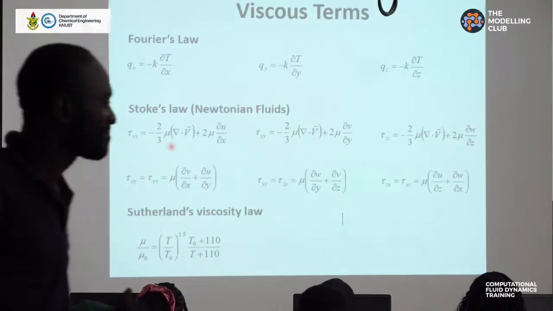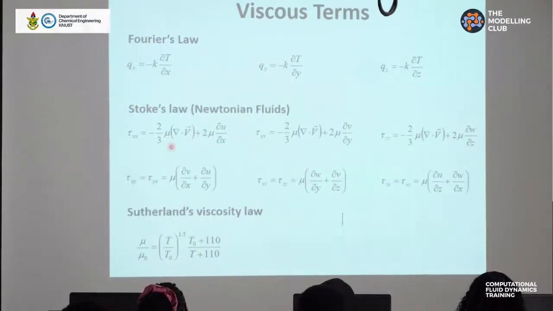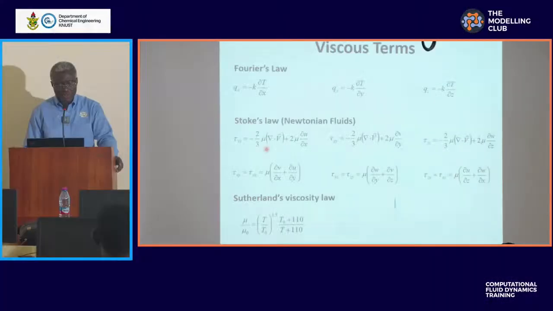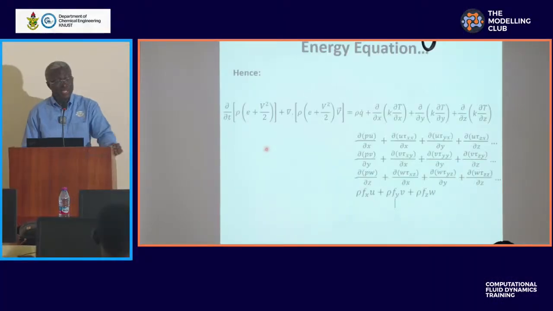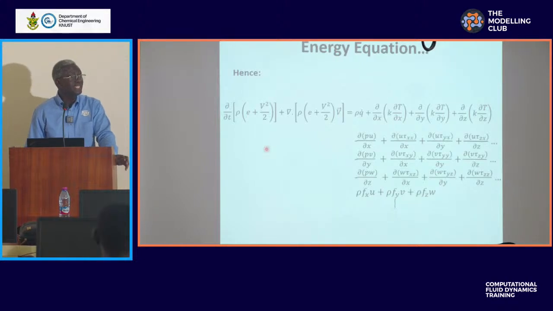So, as you can imagine, if you end up substituting these tau xx and so on and tau xy terms into this equation, then it becomes very complicated.